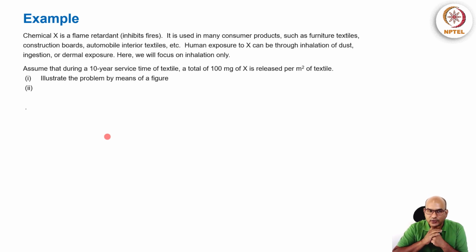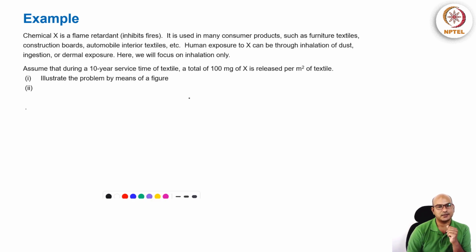So first we will illustrate the problem by means of a figure. We can just draw the figure in this sheet itself. So let us say we will be in a room. The concentration inside the room is C and the volume is V. Further we know 100 milligram is emitted.